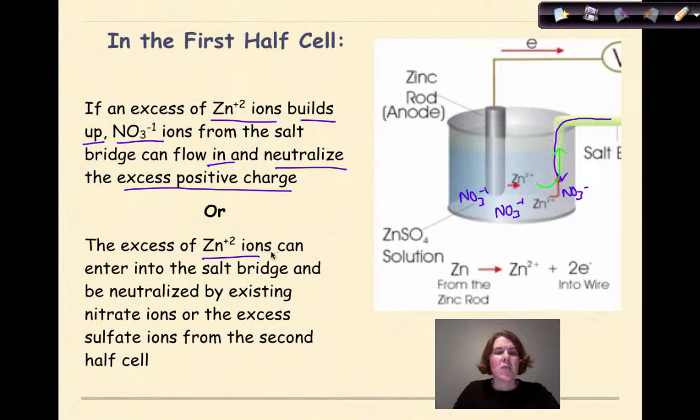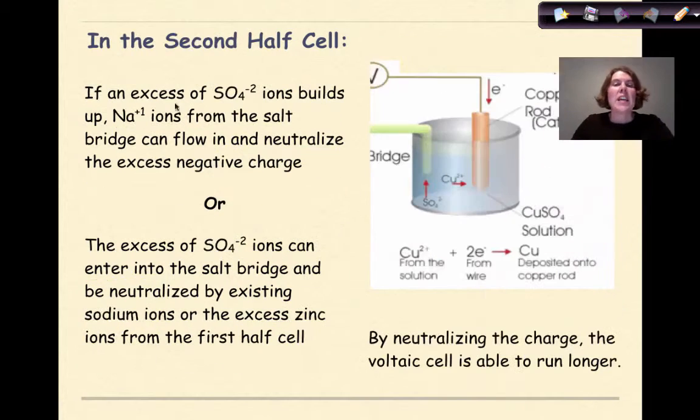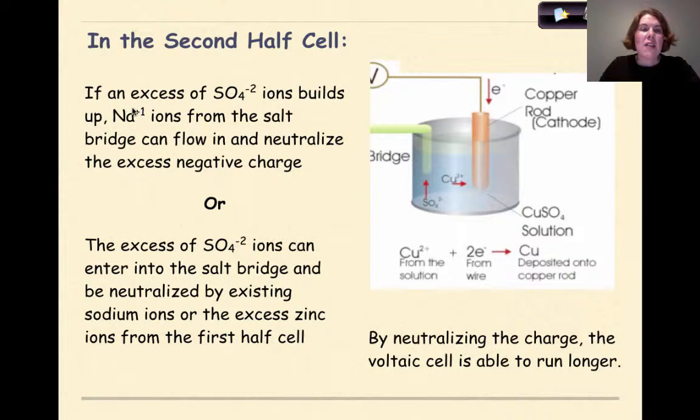So the excess of Zn+2 ions can enter into the salt bridge and be neutralized by either existing nitrate ions or the excess sulfate ions from the second half cell. In the second half cell, if an excess of sulfate ions builds up, the sodium ions from the salt bridge can flow in and again help to neutralize the excess negative charge.